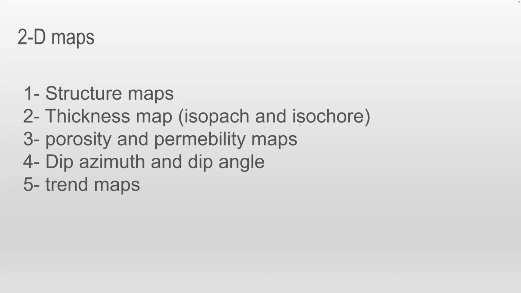For a static model, you need some sort of structural maps. At first, this structural map maybe comes from the sedimentologists, maybe from the geophysicists, but you need those surfaces to start your work for creating a static model.